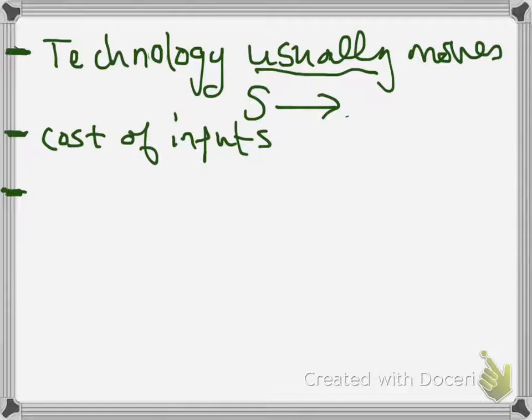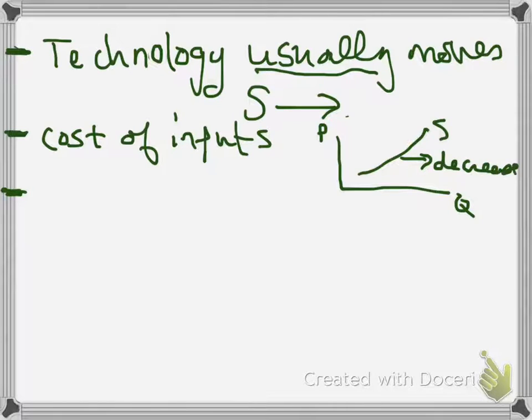Now, what do I mean by the cost of inputs? The main thing is, if the costs go up, okay, here you've got your supply. Supply isn't jagged, my finger's jagged. Okay, here we go. So if you've got supply here, price, quantity, this would be a decrease in cost of inputs.